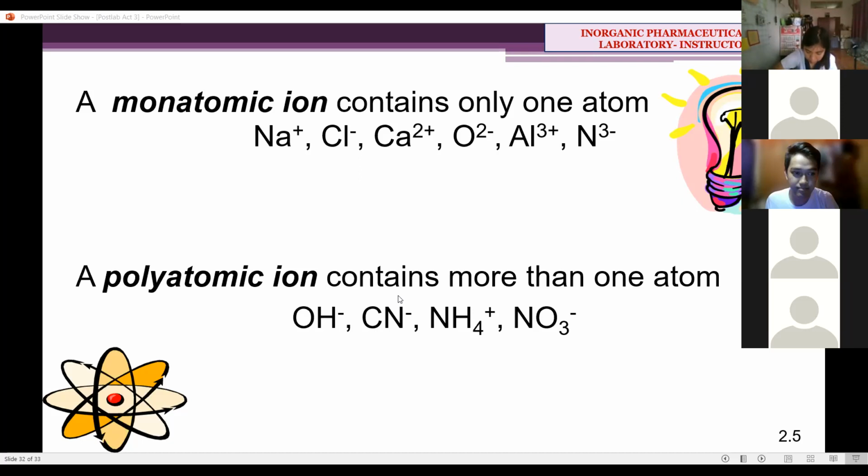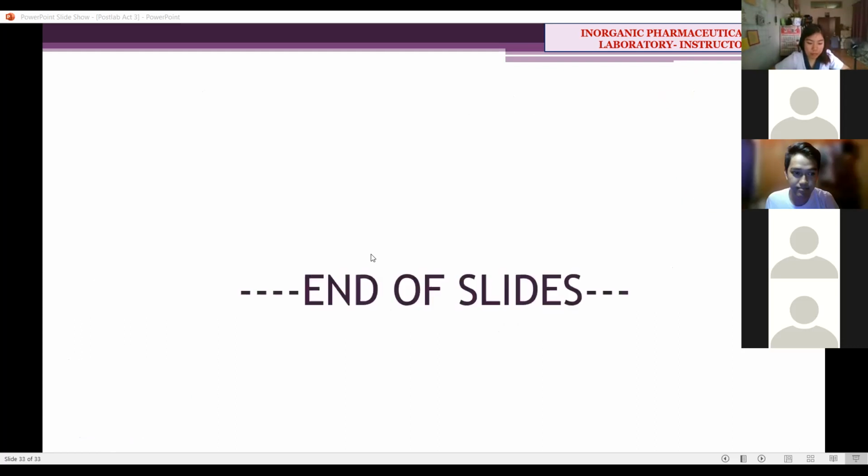We call it cyanide. So that is negative 1. NH4 positive is a cation or polyatomic ion, pero positively charged. We call it ammonium. And lastly, you have NO3 negative. We call this nitrate. So these are called polyatomic ions because they do contain 2 or more elements combined together, but they also have charges. So we cannot call them compounds. Compounds, class, are neutral, they don't have charge.